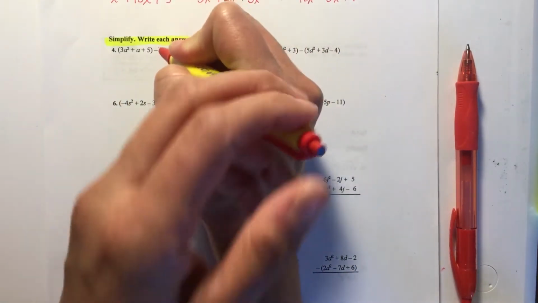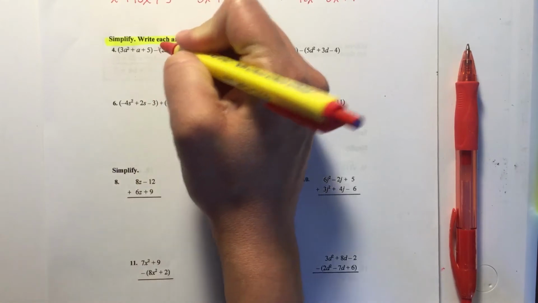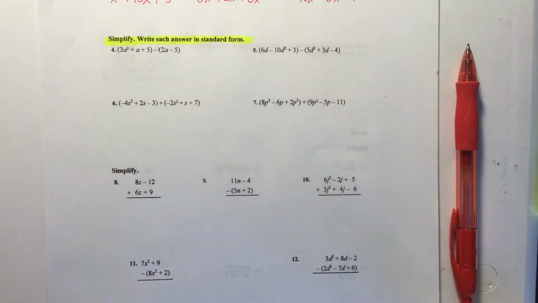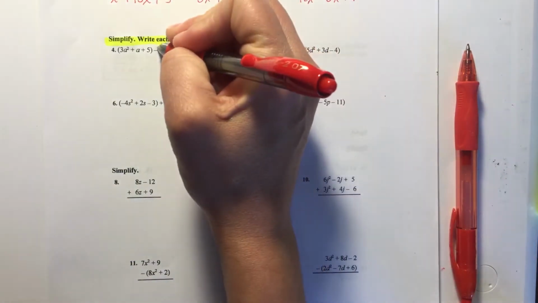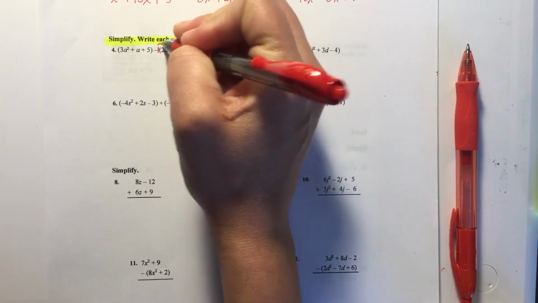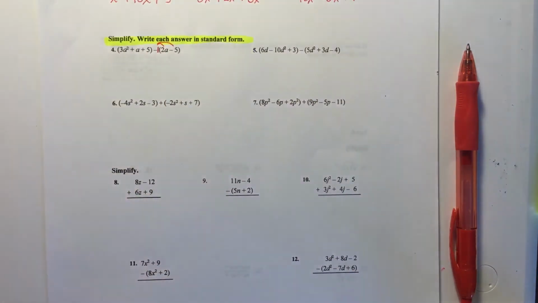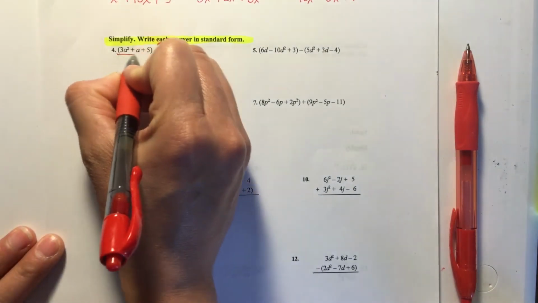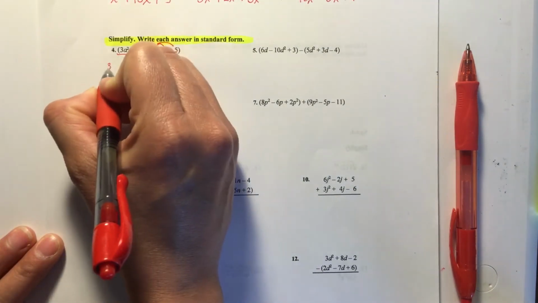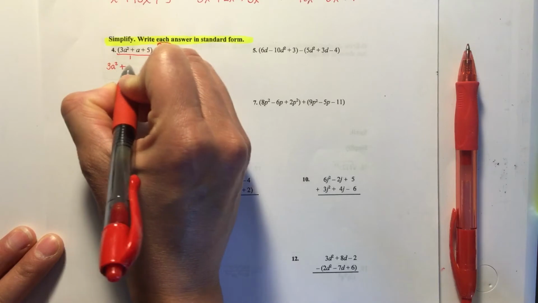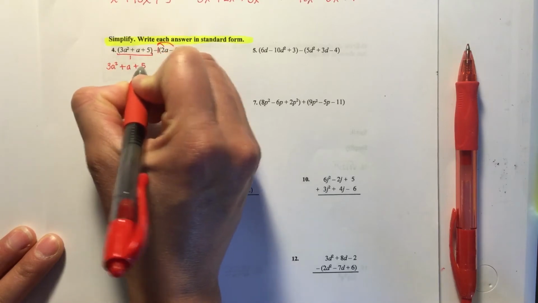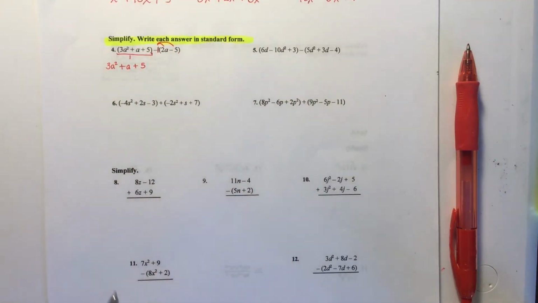So this is a negative 1 in front that you need to distribute and change the term, or the signs of the terms. So you bring down the first part, 3a squared plus a plus 5. When you distribute that negative 1, you're going to change the signs of each term.